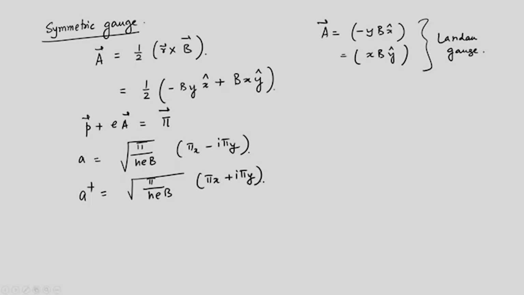So, I hope the discussion that we have had so far is clear, and the rationale or the motivation is clear. The motivation is that we are going to talk about the fractional quantum Hall effect.